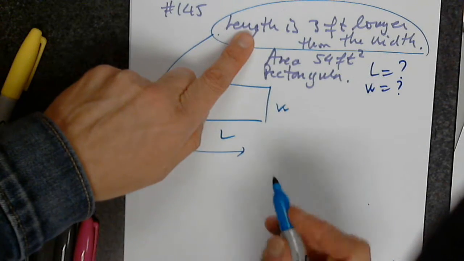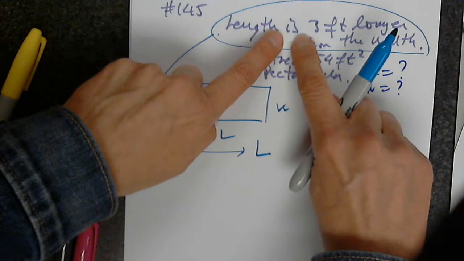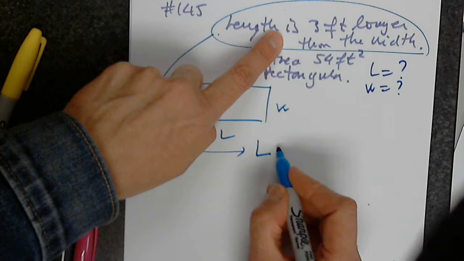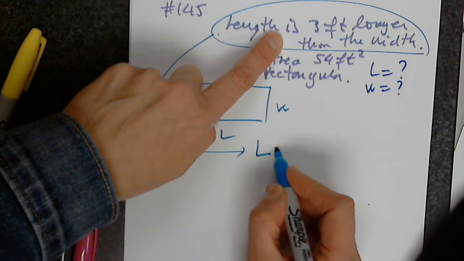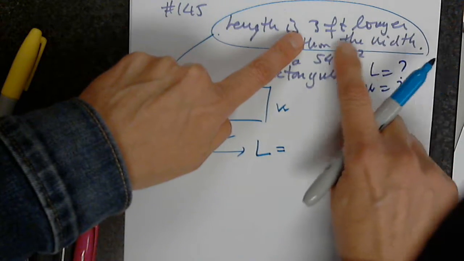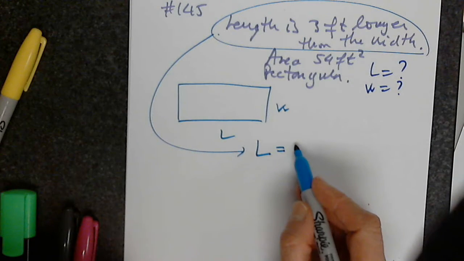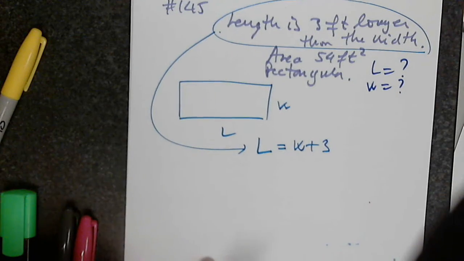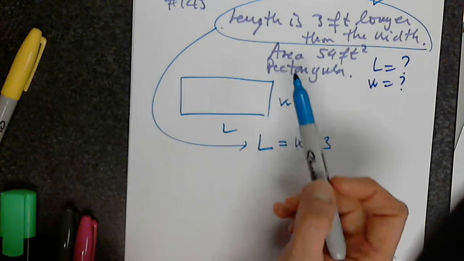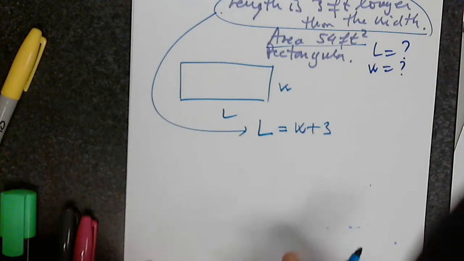The length is good. 3 feet longer than the width. Very good. So that is done. Area is 54.